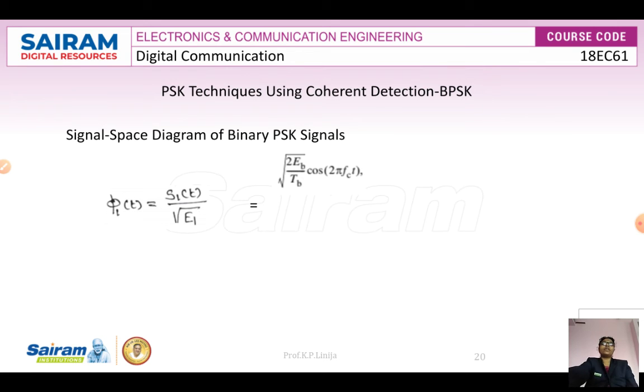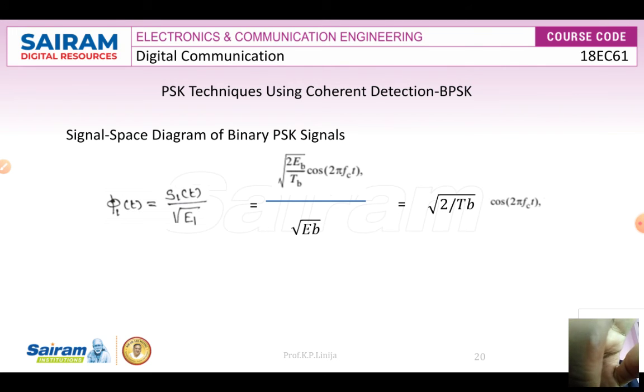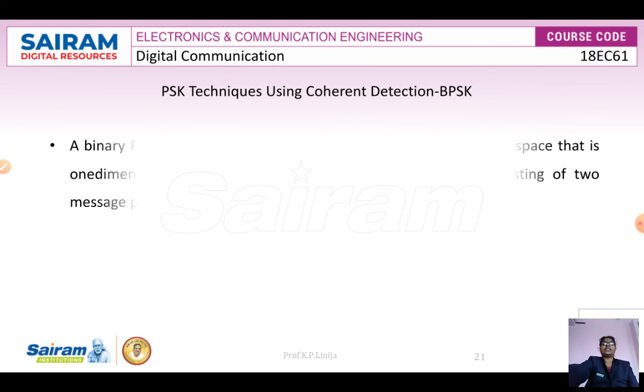S1 of t is root 2 EB divided by TB into cos 2 pi fct, divided by root E1, which is root EB, the energy per bit. Simplifying, root EB and root EB cancel each other in this equation. Therefore, we can write root of 2 divided by TB into cos 2 pi fct.